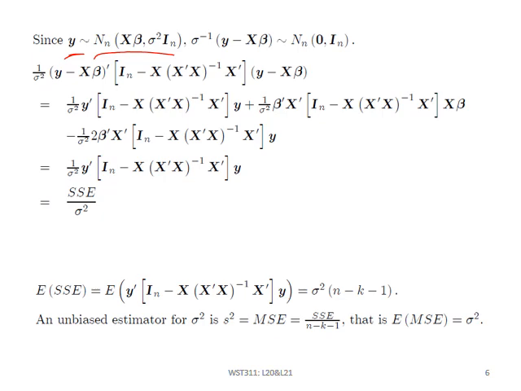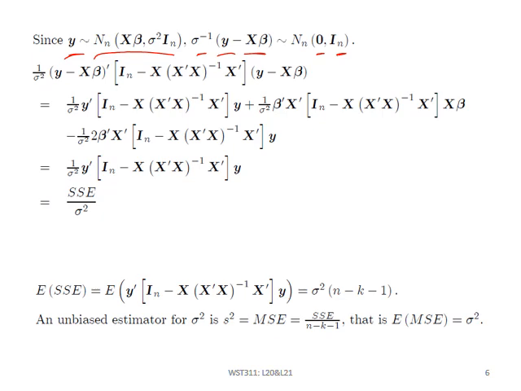We can standardize y by subtracting the expected value to take the expected value to 0, and we can pre-multiply it with the scalar 1 over sigma to give us a covariance structure of an identity matrix.